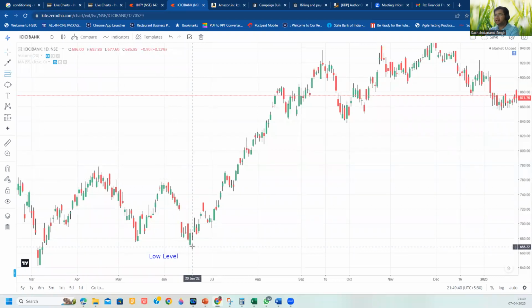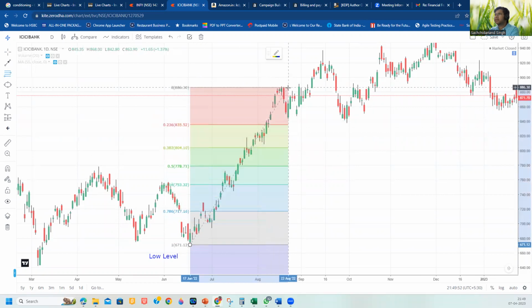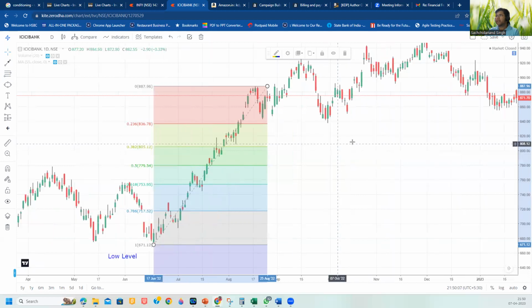The first click I will do from where the price started moving up, that is this price point. And my next click will be the price point it went up, and from where it has fallen down. So I will do my second click at that level, and then this fib retracement tool will be placed.